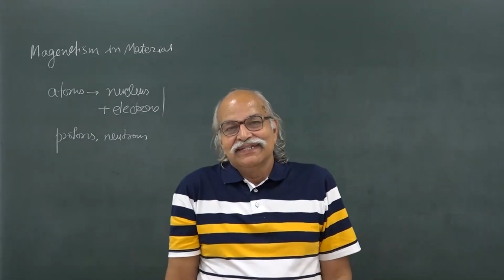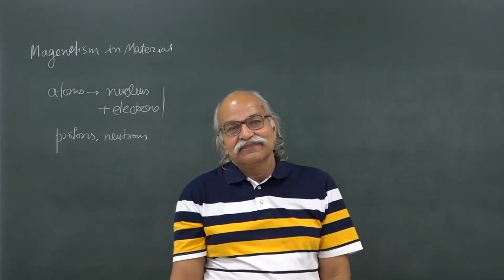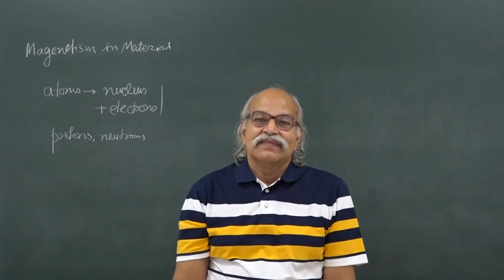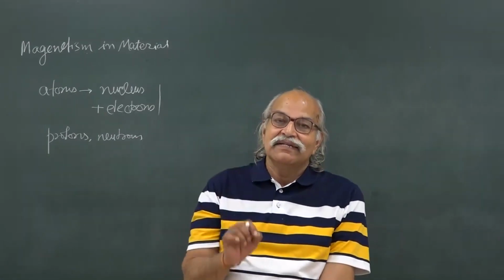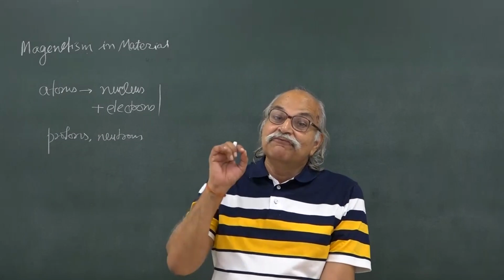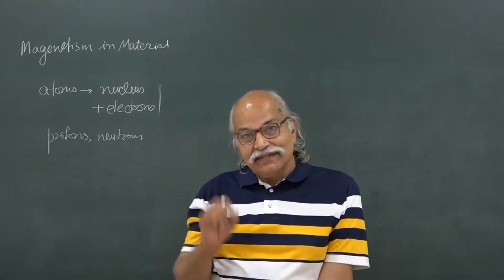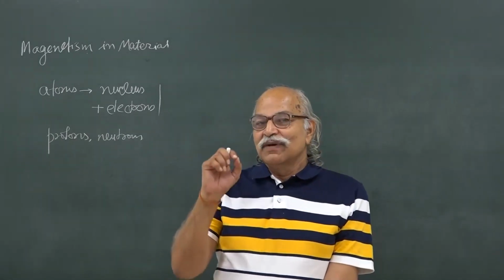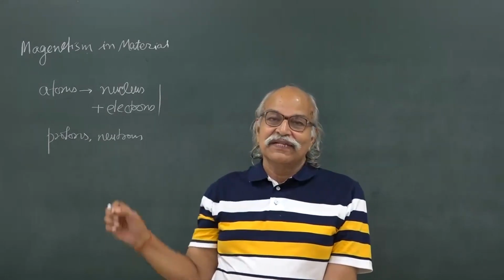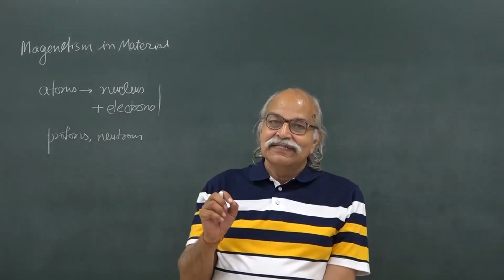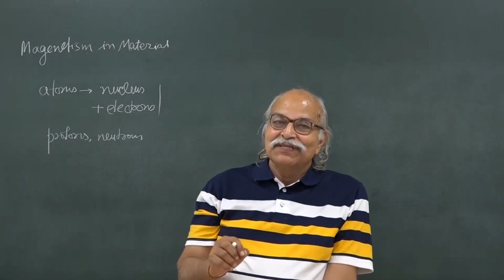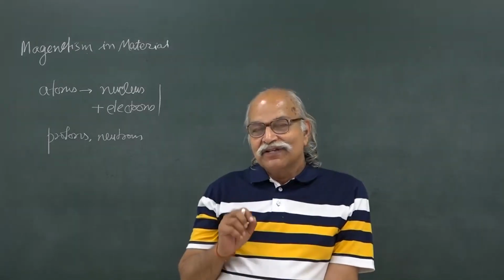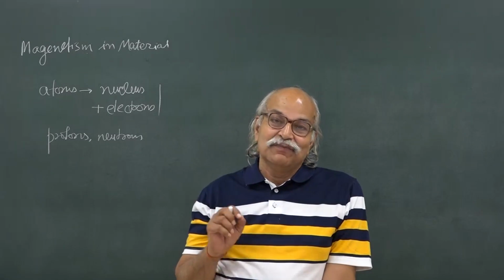It so happens that each proton in the world, each electron in the world, each neutron in the world, has some magnetic dipole moment even without any motion, built in, intrinsic. It is there. If the proton is there, no matter whether you give it a motion or not, whether it is moving or not, this proton, this electron, this neutron, they all have some magnetic dipole moment that we call spin magnetic moment.